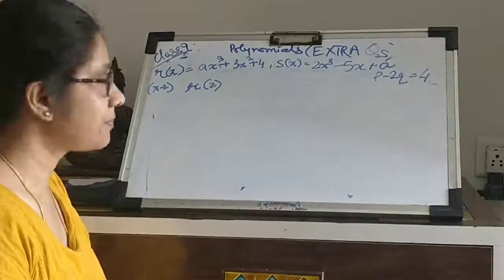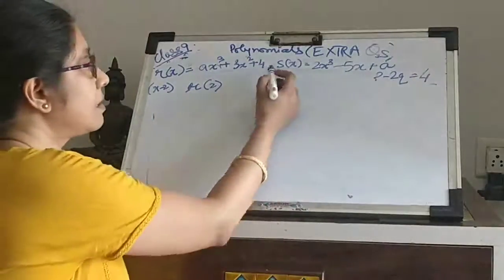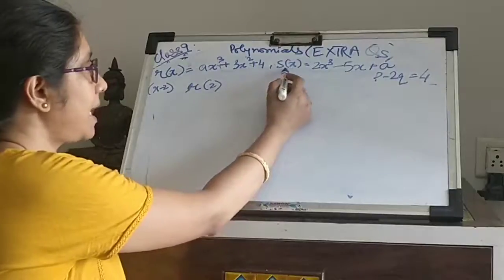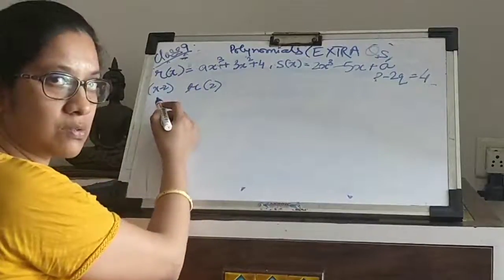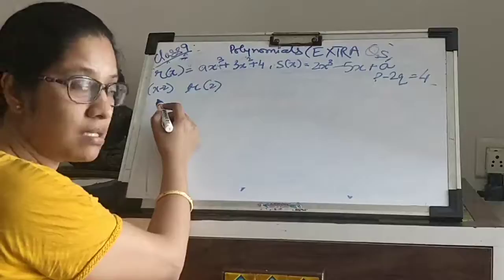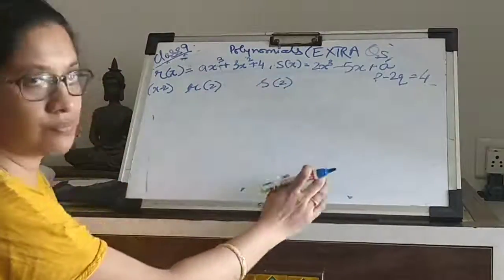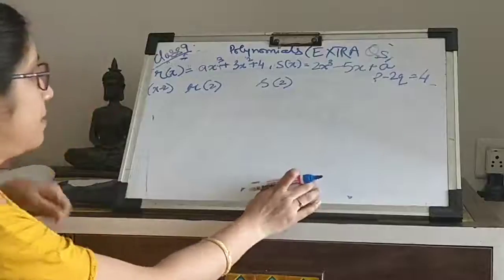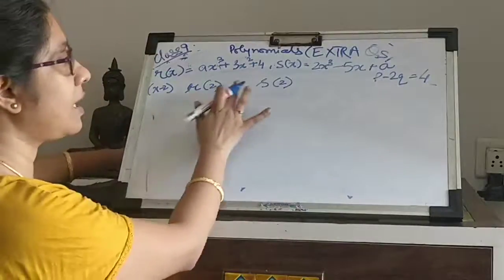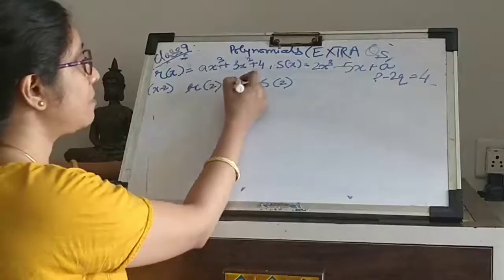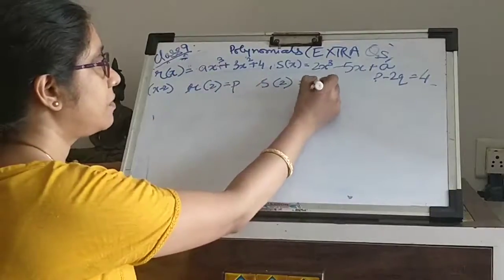Correct? Similarly, when I divide the polynomial S(x) by x minus 2, what do I get as remainder? It is S(2).